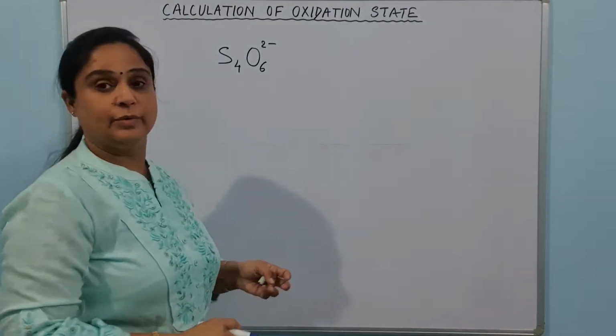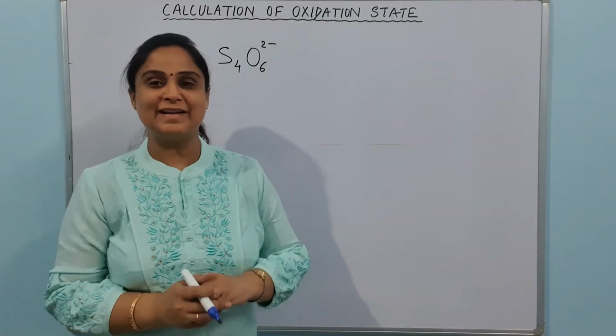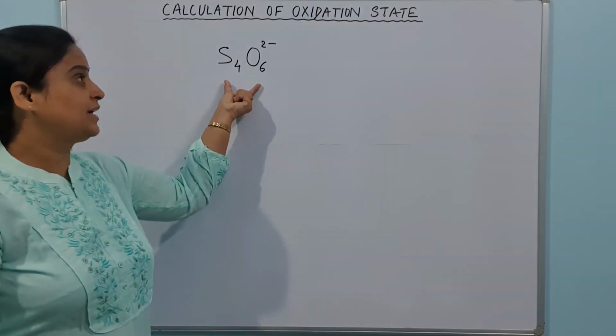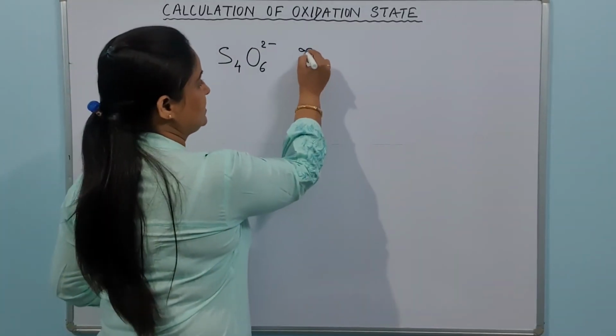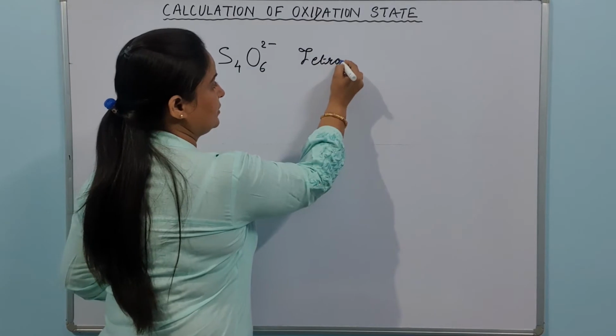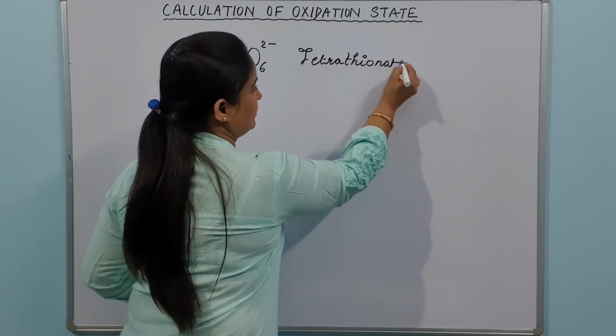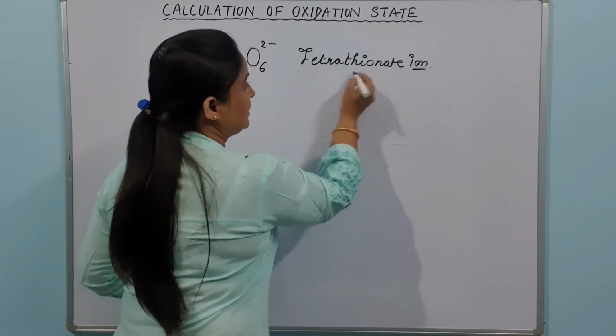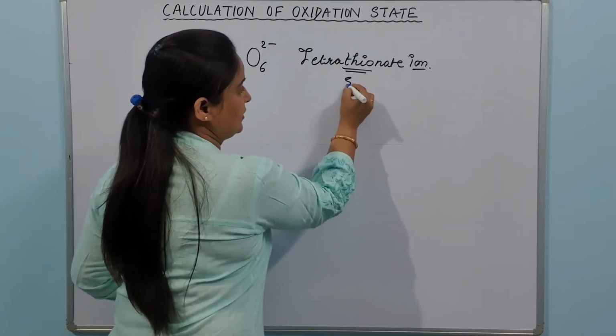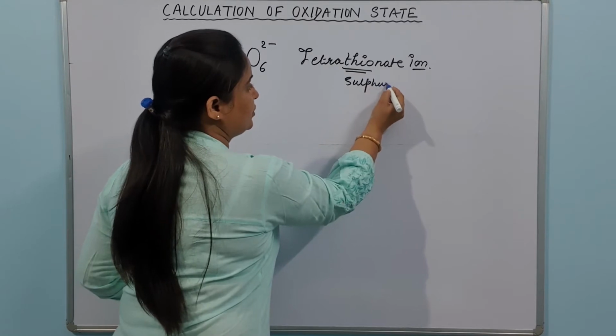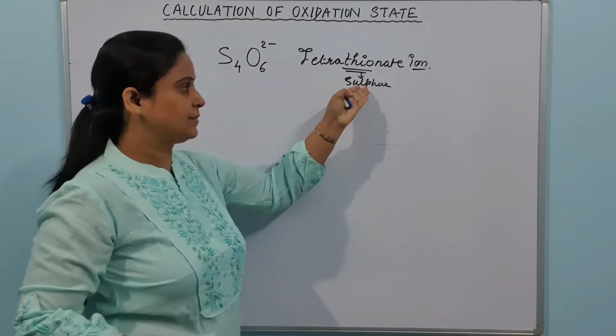Okay, so let's begin with the next example, that is the tetrathionate ion. Tetrathionate: thio means sulfur, so do remember, wherever you see thio, it means sulfur.